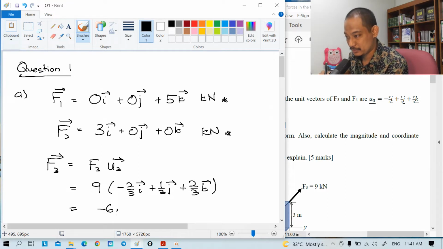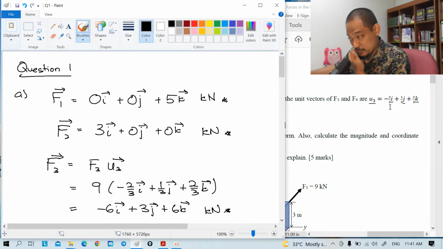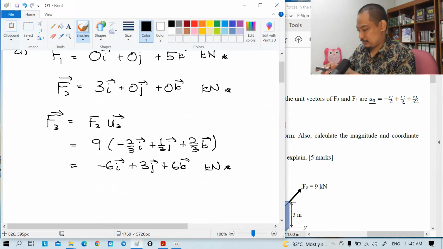Minus 6i plus 3j plus 6k kilonewton. Double check we copied the unit vector correctly: minus 2 over 3, 1 over 3, 2 over 3. Of course we can check here, right? Meaning that if you get the magnitude, it should go back to 9. So we do square root of 6 squared plus 3 squared plus 6 squared, it should be 9, right? Alright.